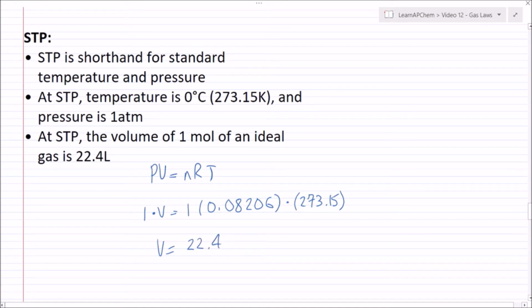So this is a good thing to know, because a lot of times you'll be given that a gas is at STP, and if you know that for 1 mole of an ideal gas at STP our volume is 22.4 liters, that's a quick shortcut. But do note that this only works at STP, so don't try this at something that isn't STP.